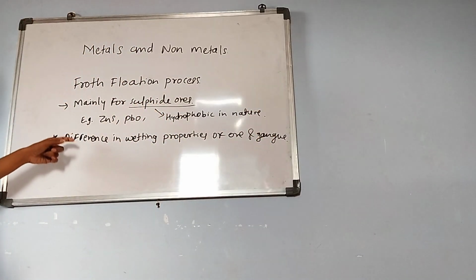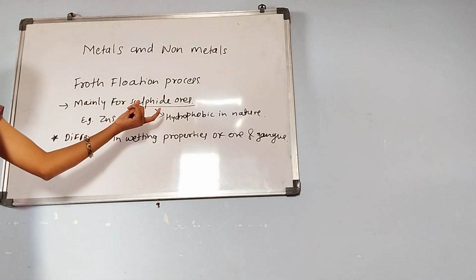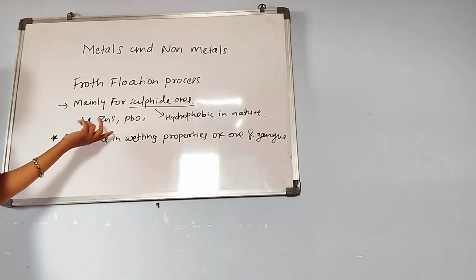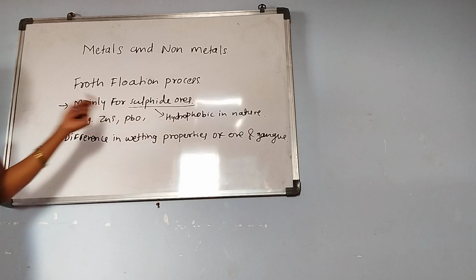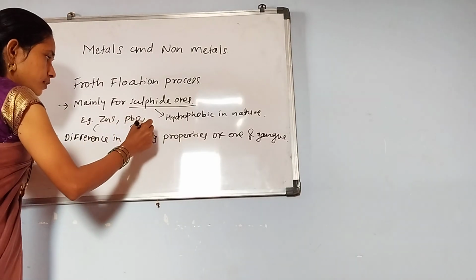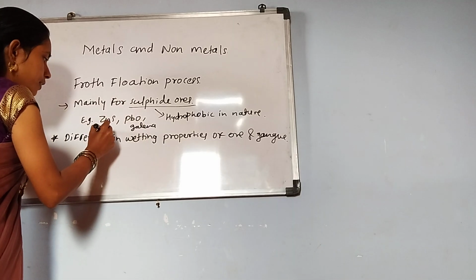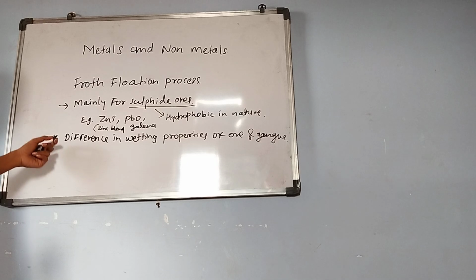So this is the basic information about the froth flotation process. Mainly for sulfide ores we are using this process. We can take an example, zinc sulfide or zinc blende, or lead sulfide, which we call galena.